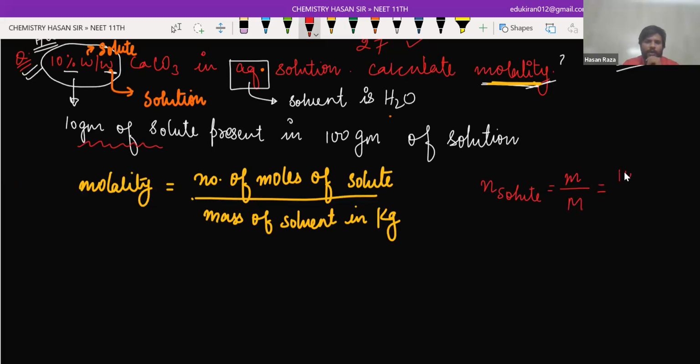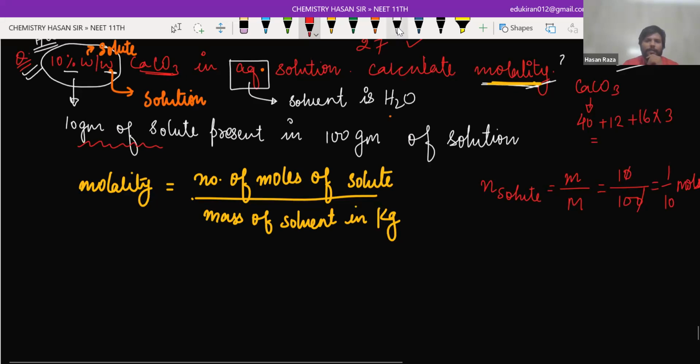Given mass is 10 gram. Molar mass of calcium carbonate is 100: calcium has 40, carbon has 12, oxygen has 16, and we have 3 oxygen. So the number of moles of solute is 1 by 10 mole.